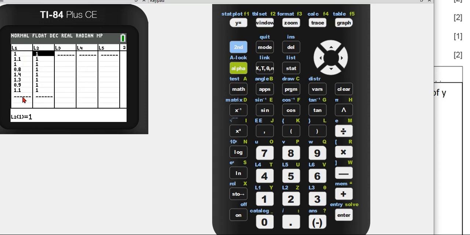List 1 will be x's, list 2 will be y's. Let me show how to insert data. For example, I want to insert data here: 8, enter, 9, and down, or enter 12.